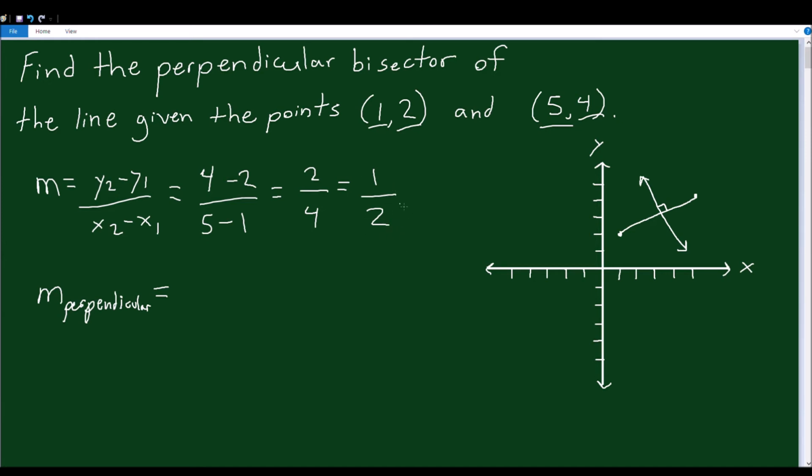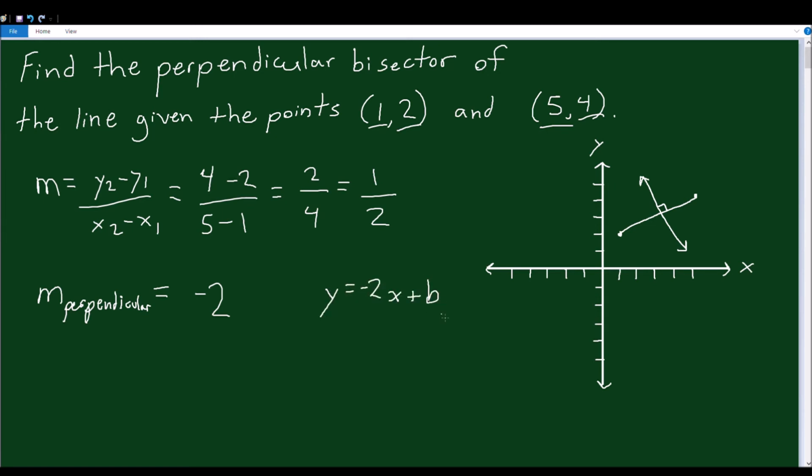So instead of 1 over 2, we have 2 over 1, and then we make it negative. So we would get negative 2. So negative 2 and 1/2 are negative reciprocals. If this was 3 over 2, the negative reciprocal would be negative 2 over 3, just as an example. So we have the slope of our perpendicular bisector, so y equals negative 2x plus b.